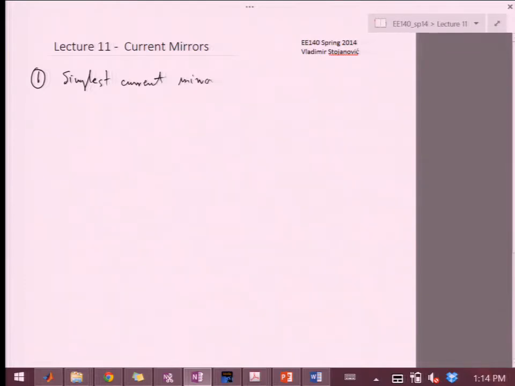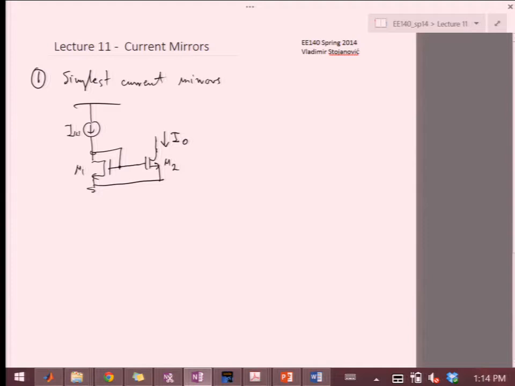One example would be this. We have some current that we want to plug into the FET, and on the other side we have another one. We'll call these two M1 and M2. Here will be the output current, and we're plugging I in into this FET.